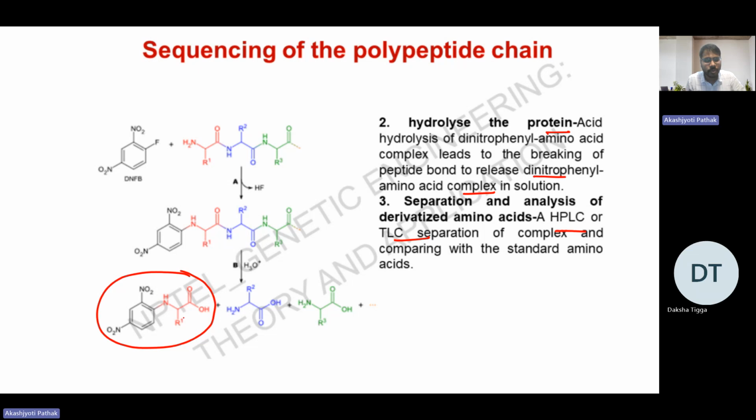In the fourth, you will get the fourth amino acid bound to the fourth side chain. In this way you will get different amino acid residues which form a complex with the dinitrophenyl compound, and then by HPLC or TLC you can separate each of these and sequence them.